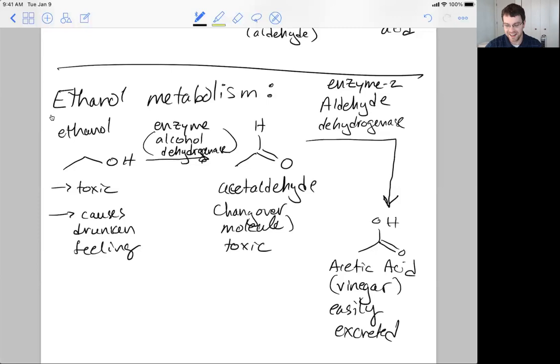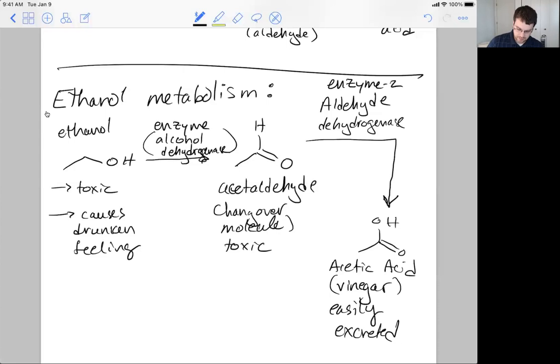The issue is we go through this aldehyde intermediate. Well, it's kind of annoying. It'd be great if we just didn't have hangovers. Why don't we have hangovers? Well, the problem has to do with a concept called flux.